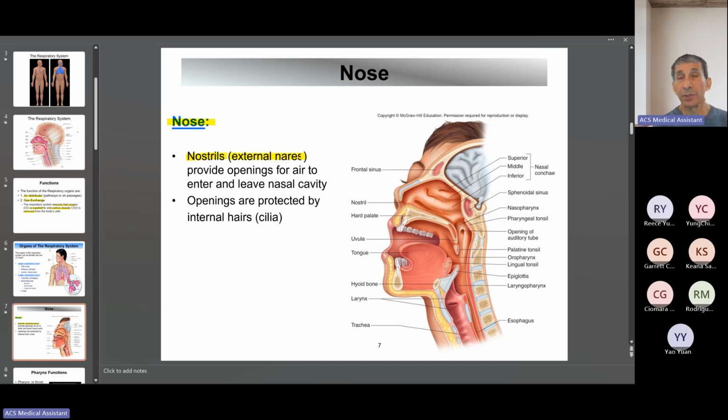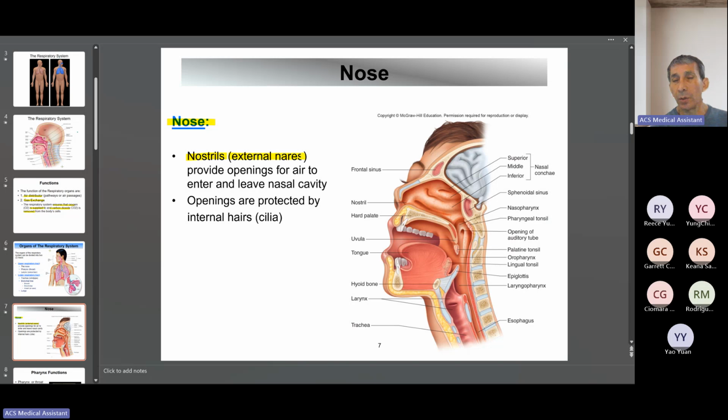Now, within this mucous membrane, within this cavity of the nostrils, we have some little internal hairs, some of which we can see, and sometimes we have to trim them because they show right there at the entrance of the nose.